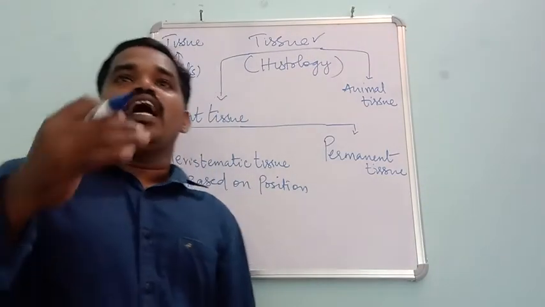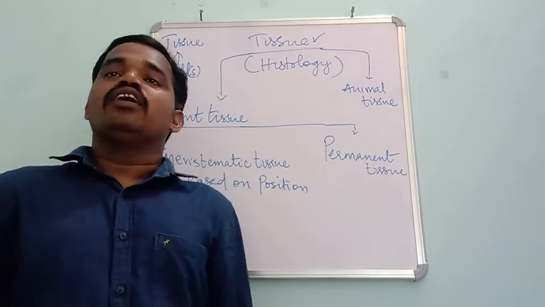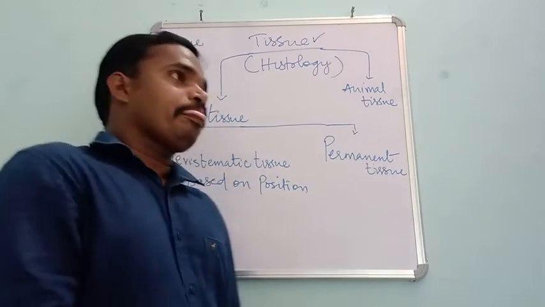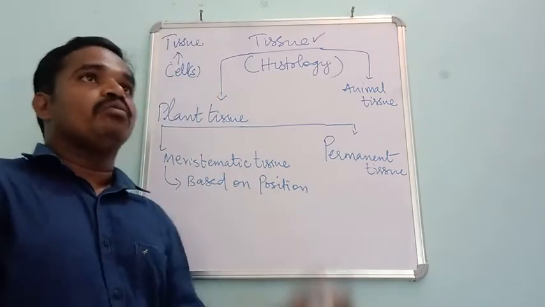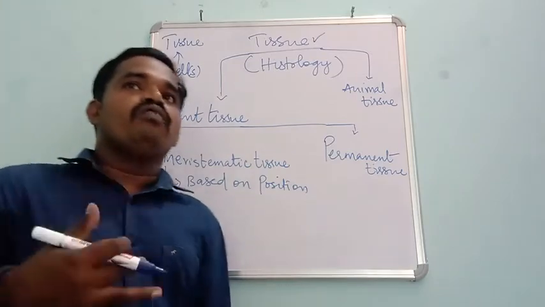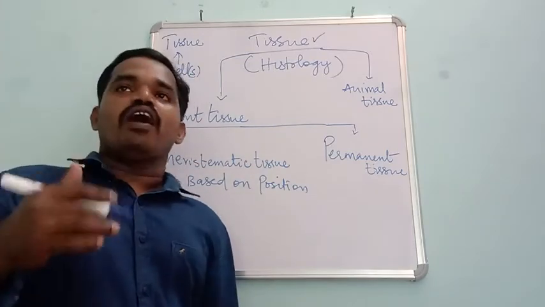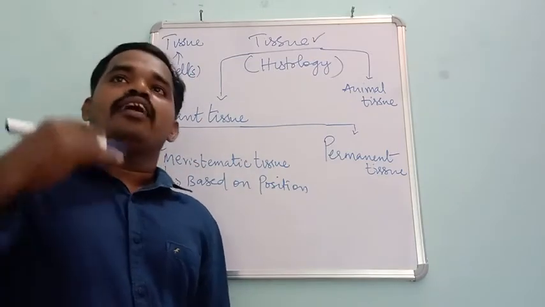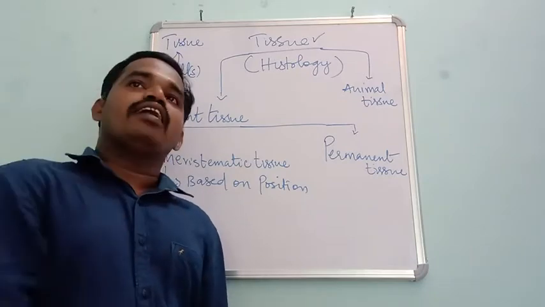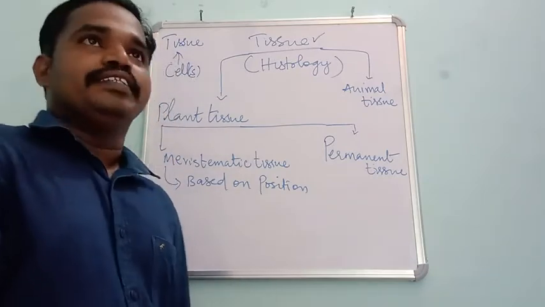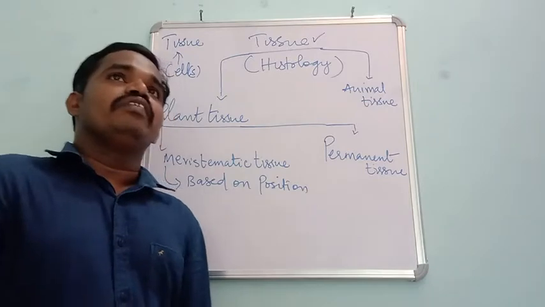The cell has all the cell organelles necessary for cell activity. A group of cells forms a tissue, a group of tissues forms an organ, a group of organs forms an organ system, and a group of organ systems forms an organism. We have studied that in the previous class.